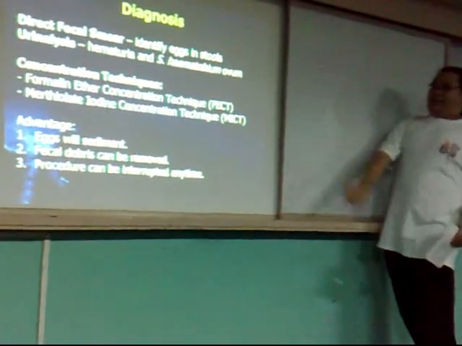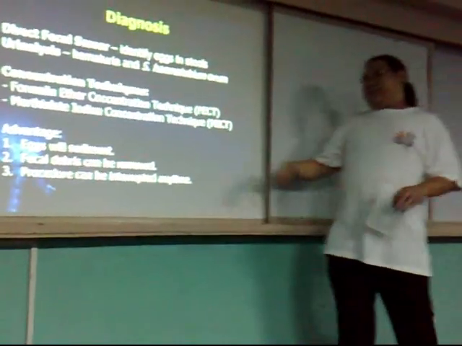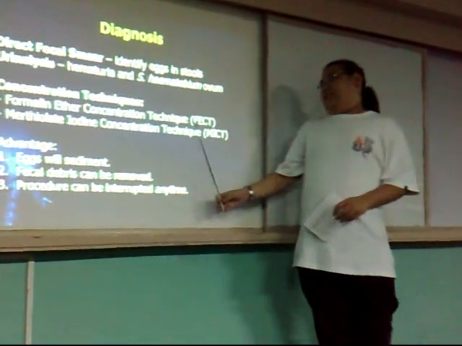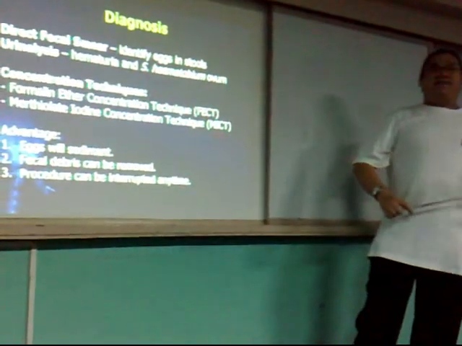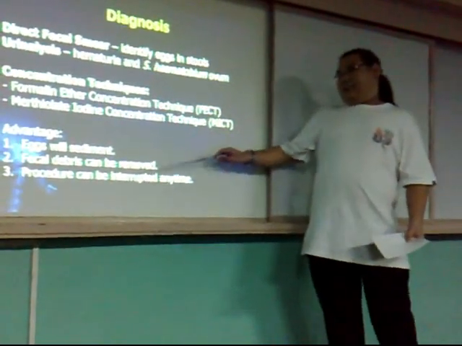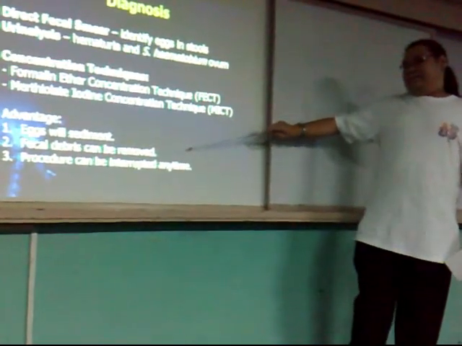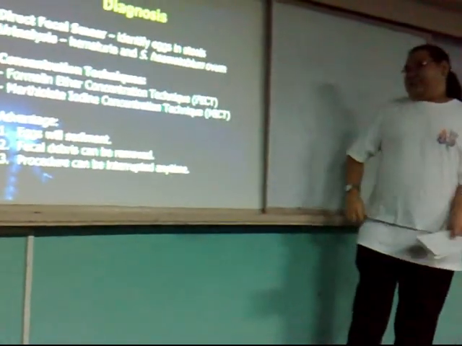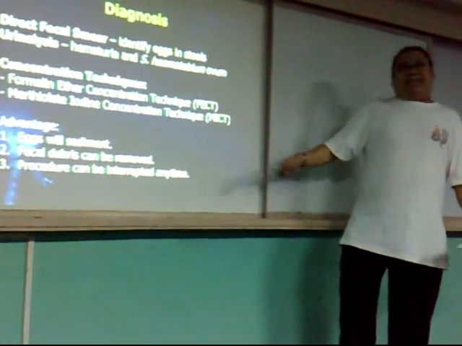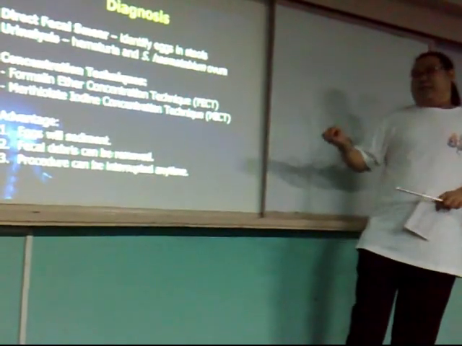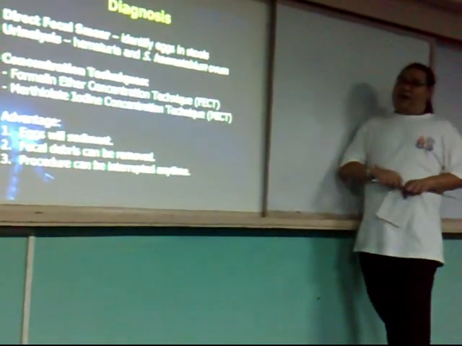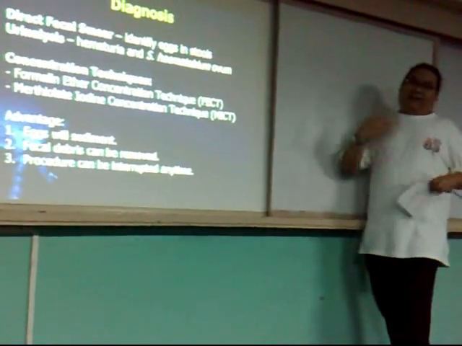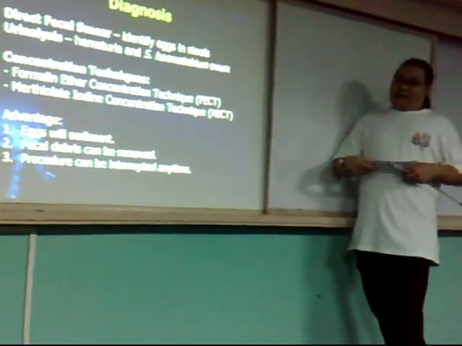You can also use concentration techniques like FECT or MIFC. The advantage of this is that the eggs will sediment, the debris of feces can be removed, and the procedure can be interrupted anytime. So if the eggs sediment, they can be easily recovered and easily analyzed.